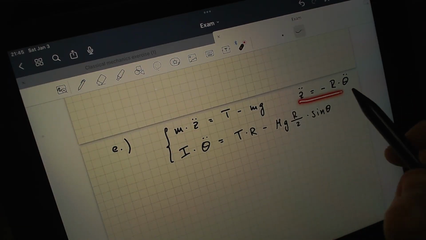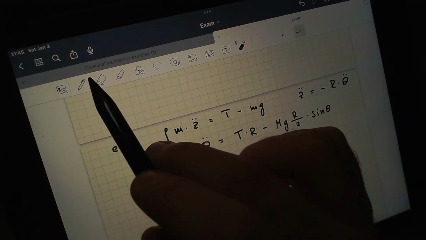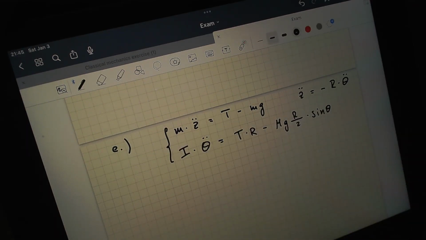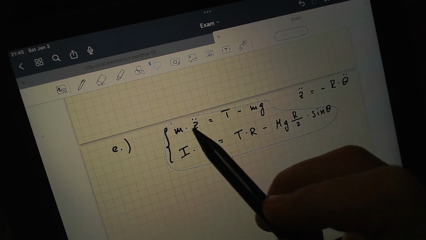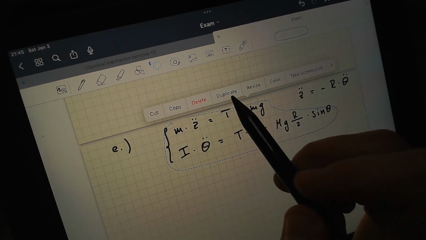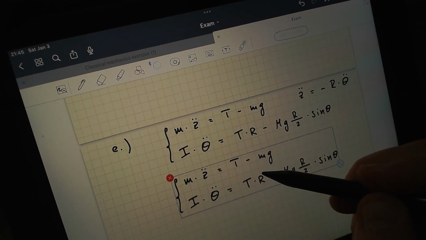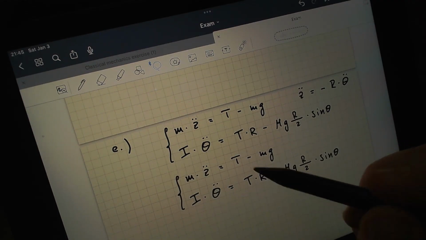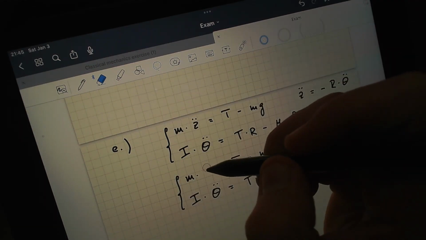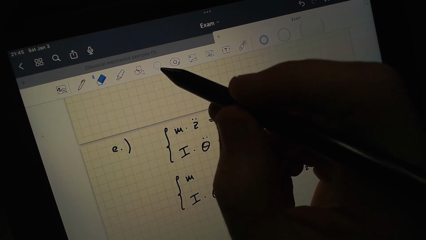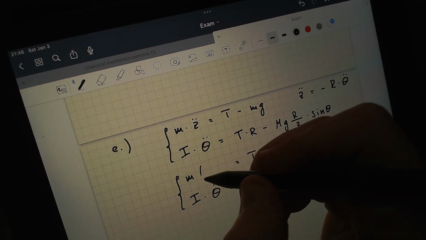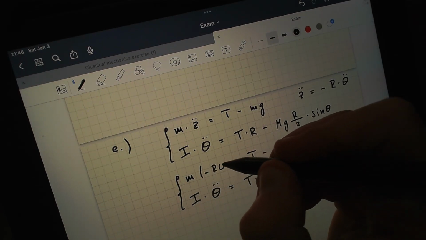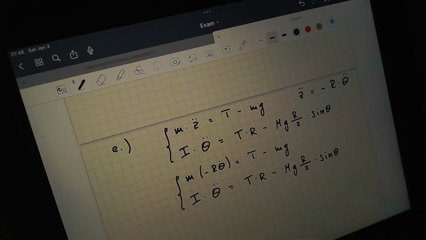Okay, so these are the two equations in a system that we have to consider, and now we also have to consider this substitution. So I'm just going to copy and paste this equation, and then I'm going to write, instead of the linear acceleration, minus r and then the angular acceleration.